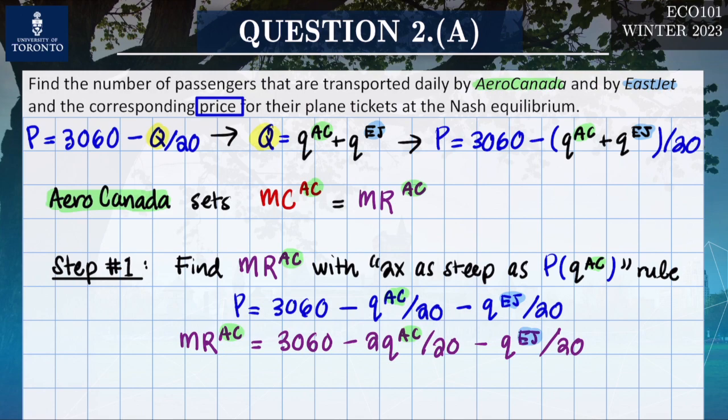So again, remember, if you want to use this twice as steep shortcut to find the marginal revenue for Aero Canada instead of using calculus, then you have to multiply only the quantity of Aero Canada by 2 and not the quantity of the other firm. But we're done for step number 1. Let's do step number 2, where we'll set marginal cost equal to marginal revenue for Aero Canada.